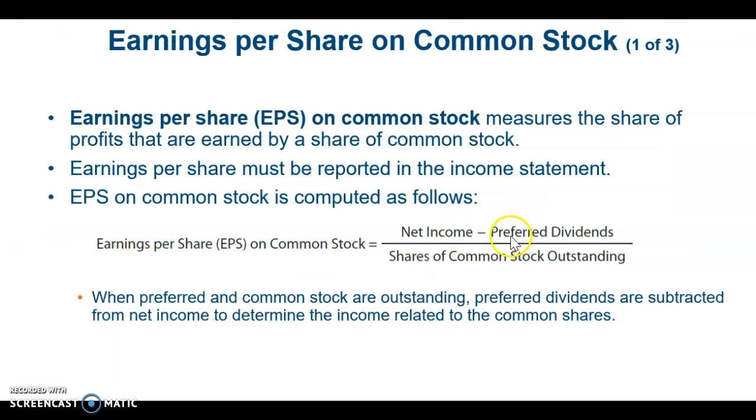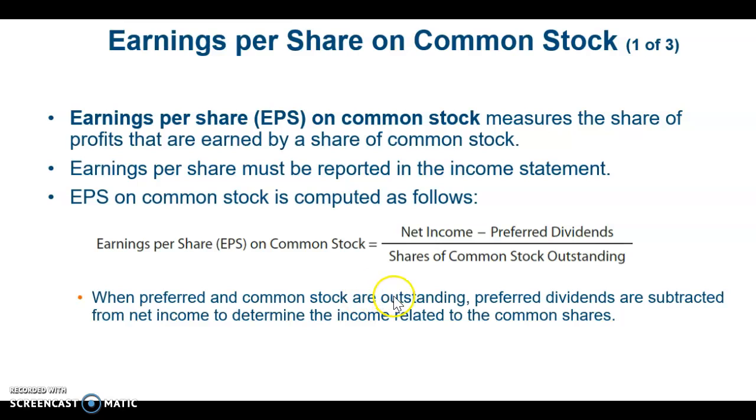Earnings per share measures the share of profits that are earned for each share of common stock. So you're going to take net income, subtract out preferred dividends because it's not going to go to common stockholders, and divide by the shares of common stock outstanding.